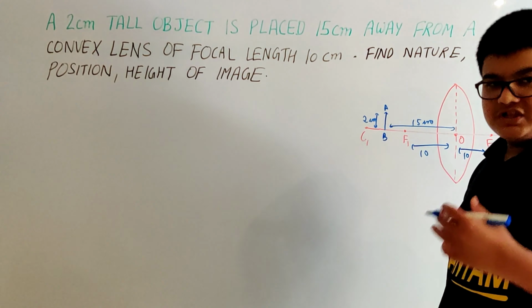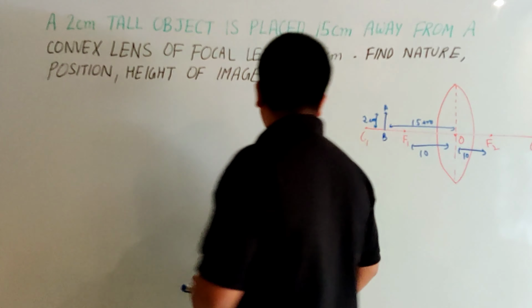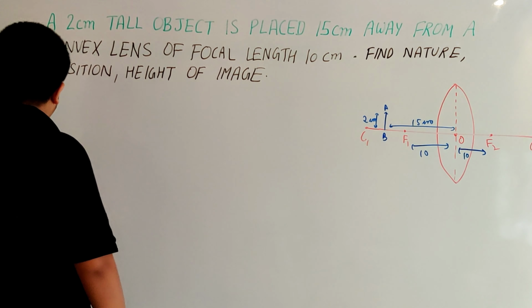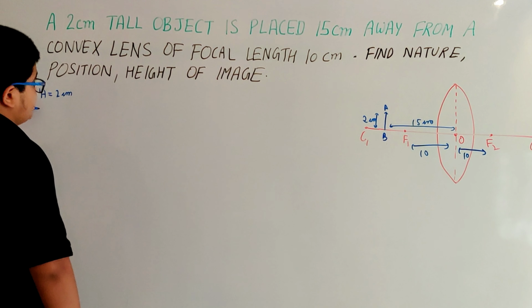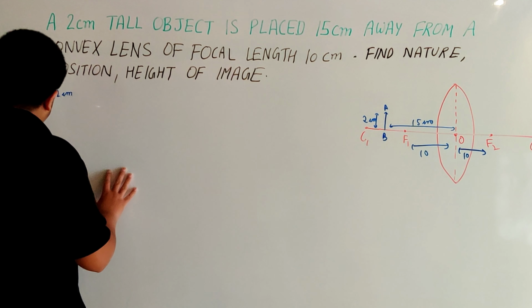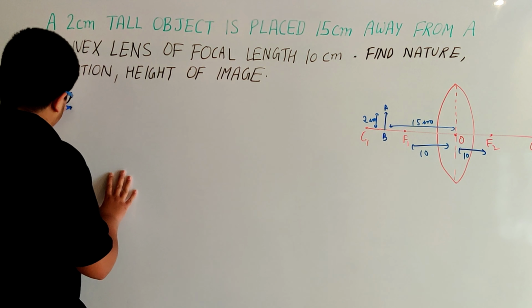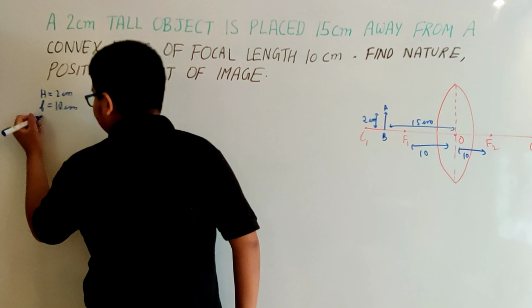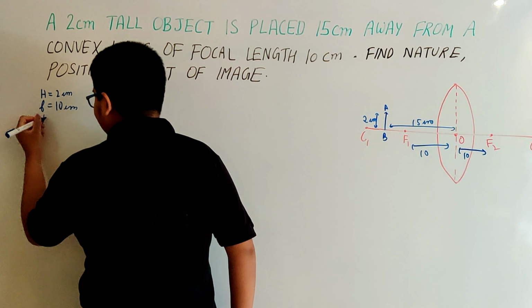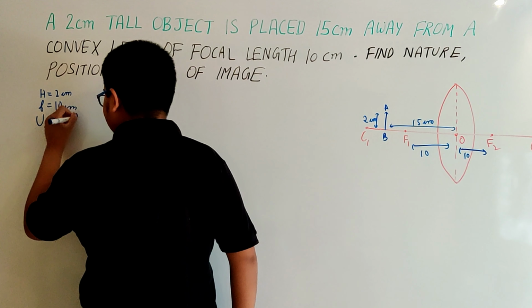First let's find the position of the image formed using the lens formula. So here we are given height of object h to be 2 cm, we are also given that the focal length is 10, and we are also given that the object is 15 centimeters away.